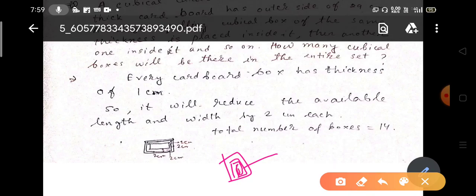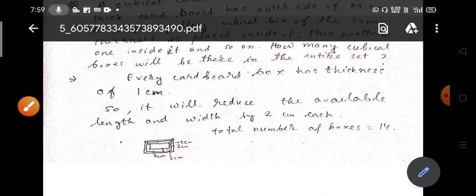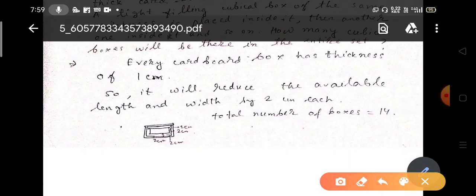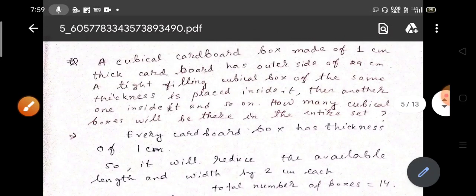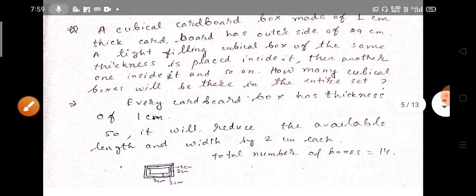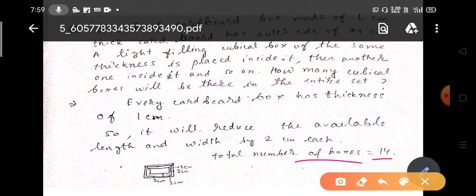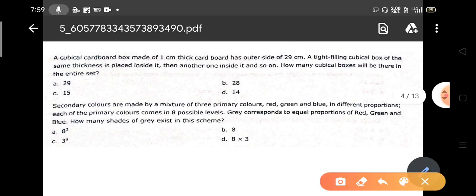So each and every box you put will reduce the available length and width of the space by 2 centimeter. So you are given that the outer side is 29 centimeter. So the total number of boxes is 14. Okay, so you can understand option D is the correct option.